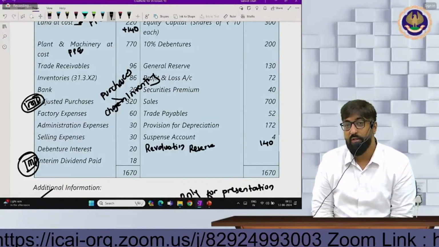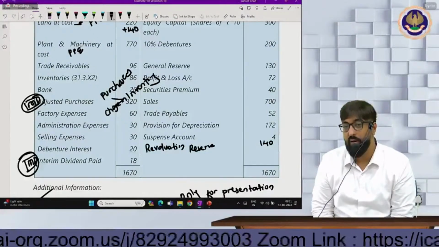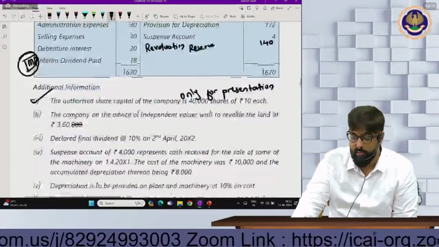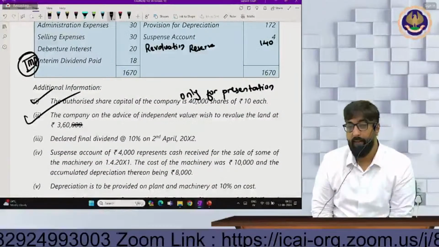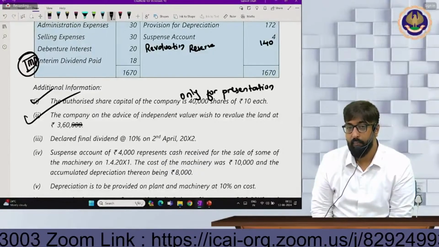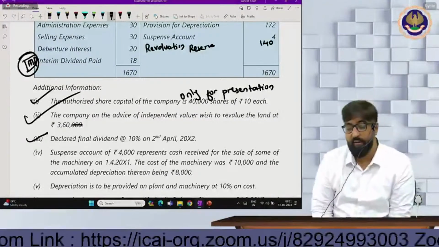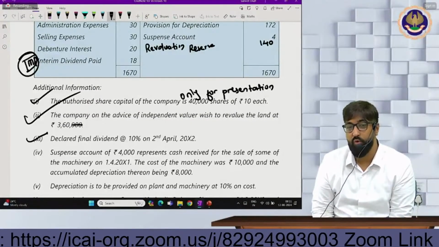So now you will show your land as 220 plus 140, and on the credit side you will write revaluation reserve 140. Over? Yes.